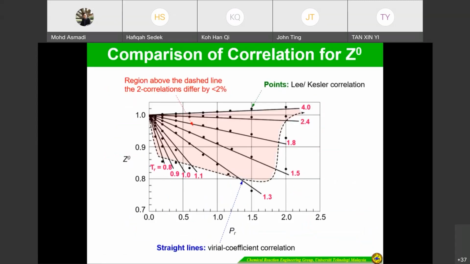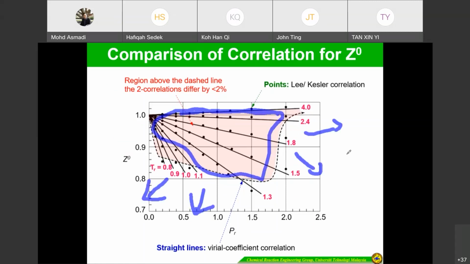You can use it only if the TR and PR are within this region. In this region you can use the virial equation. If it is more than this region, we consider it outside of the region, and you cannot use the virial equation. The one highlighted in red color.